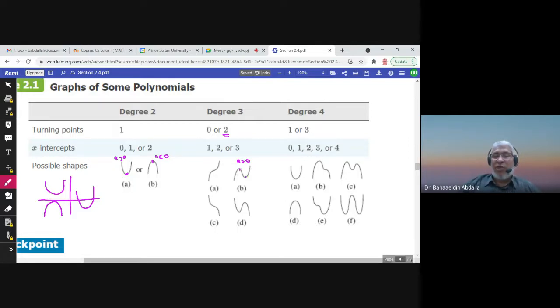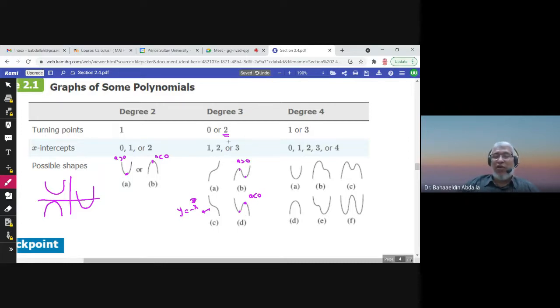And we have 2 turning points. But if a is negative, the coefficient of x cubed is negative, like negative x cubed, negative 2x cubed, the graph would be like this, a reversed N, okay? And this is the graph of negative x cubed. It would be like this. And it has no turning points because it's always decreasing, while here we have 2 turning points.